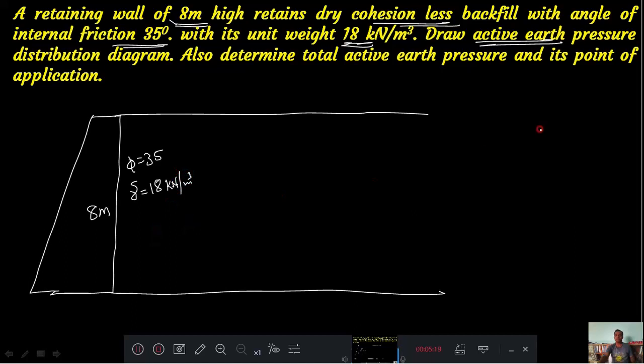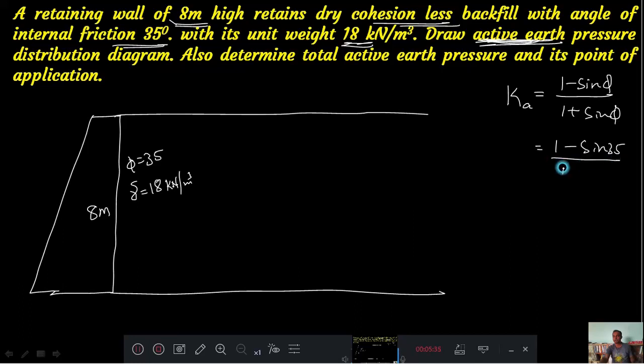Then I will calculate Ka, because active earth pressure is asked. Therefore Ka equals (1 minus sin phi) divided by (1 plus sin phi), so (1 minus sin 35) divided by (1 plus sin 35). The answer is 0.271.